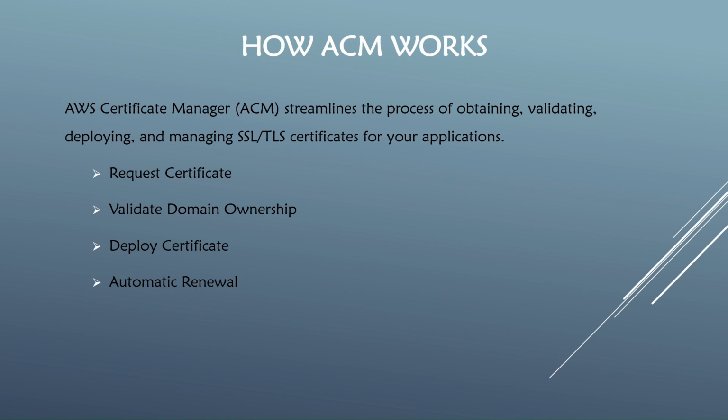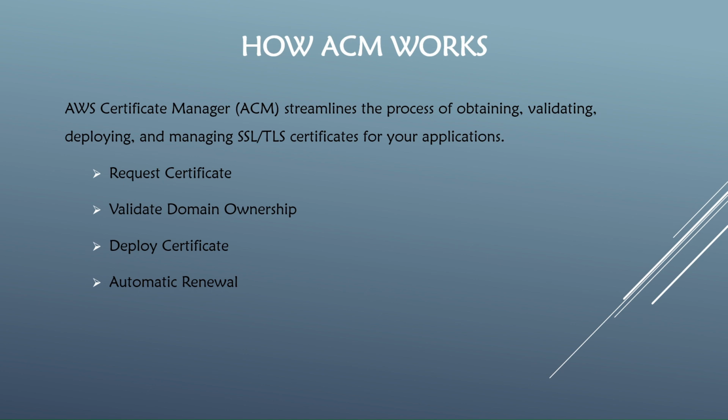Once added, ACM automatically detects and validates the record. With email validation, it sends a validation email to the domain's registered email address. The recipient must click on the email link to confirm the ownership.